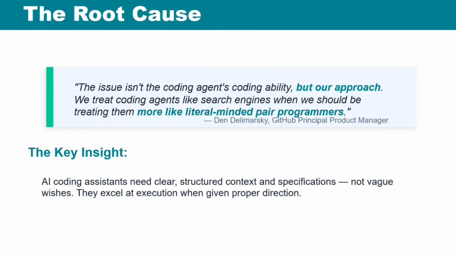By taking that kind of approach, the problem isn't, like it says here, this quote from Dan Delmarsky, the ability of the coding agent, it's our approach to it. We treat it like a search engine when we should be treating them more like pair programmers, and especially should be treating them like entry-level pair programmers, junior developers, if you will.